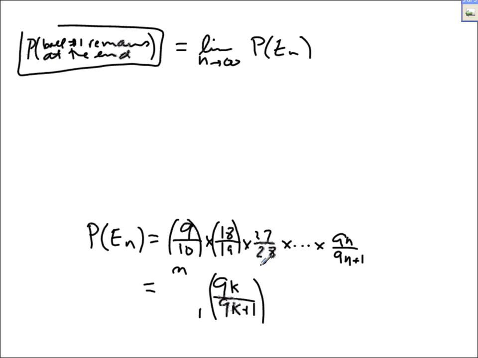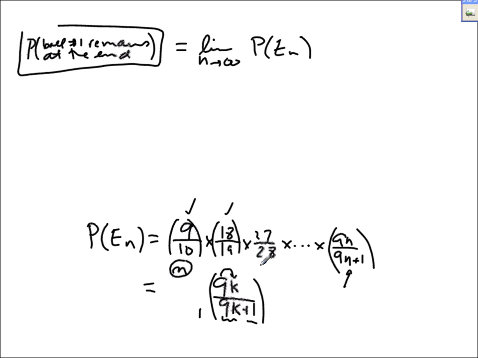So instead of k, I put n. But it's still going to give me 9 over 10 when k is 1, 18 over 19 when k is 2. Eventually, k is n. So you'll have 9 times n, which is exactly my numerator here. In the bottom, you have 9n plus 1. Exactly my bottom. Okay.